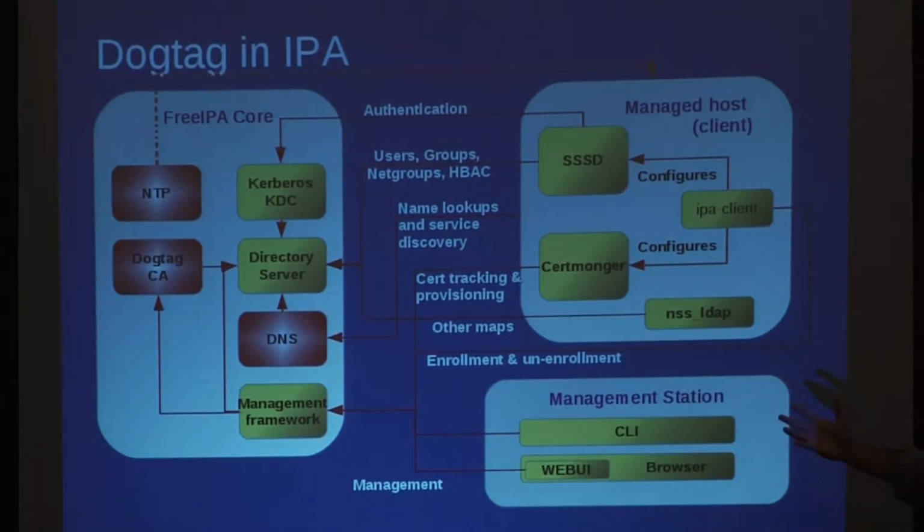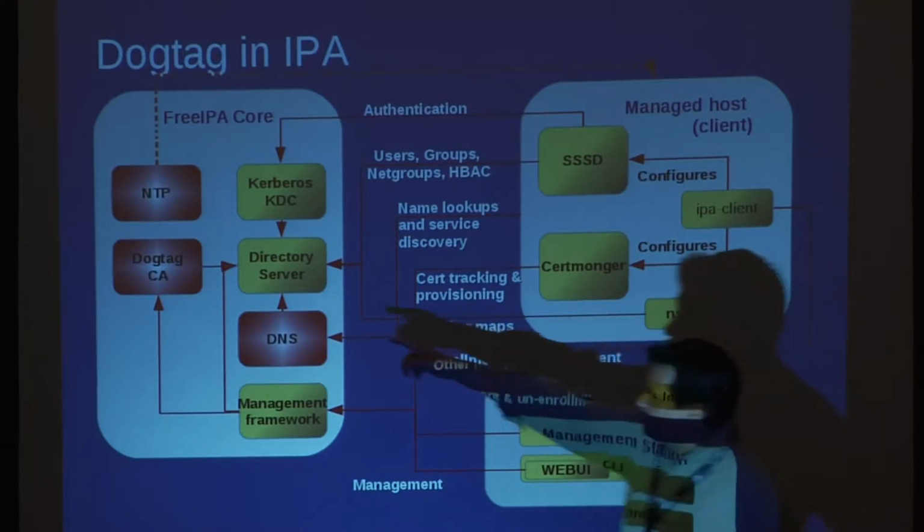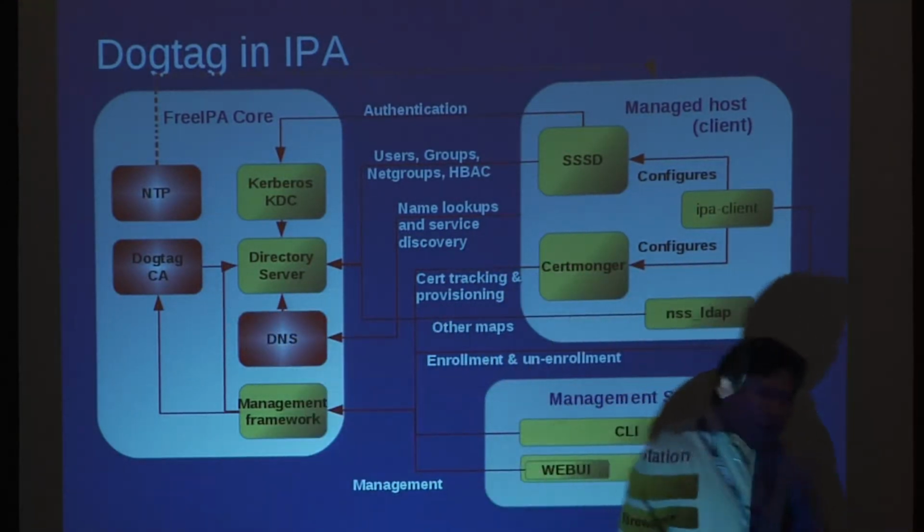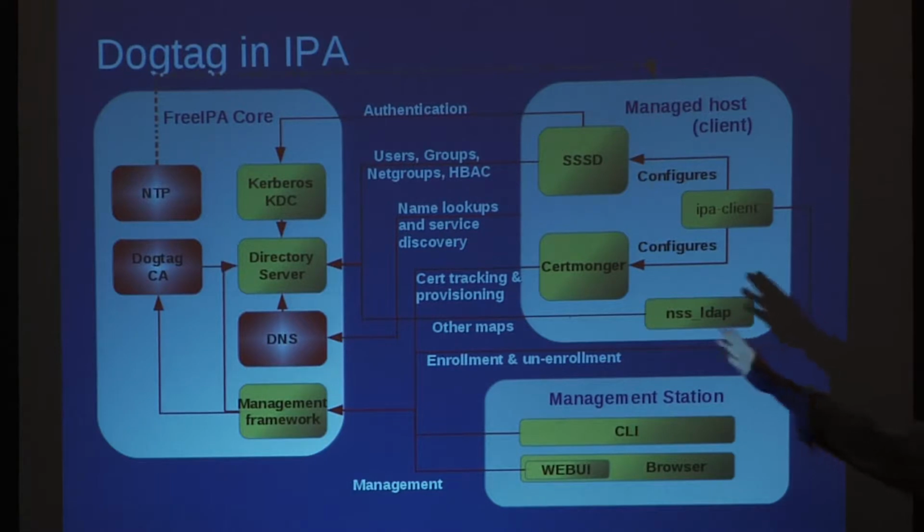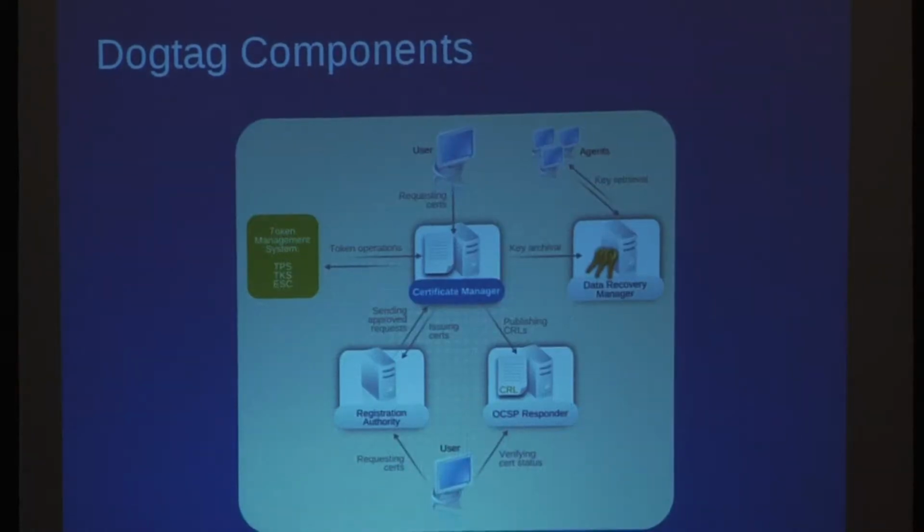In the back end, right now it's using the Dogtag CA, and it is interacting with Dogtag through Python scripts. Part of that is also using Python to talk to the REST interface, which we've added. So, more details about IPA if you see Dimitri's talk.